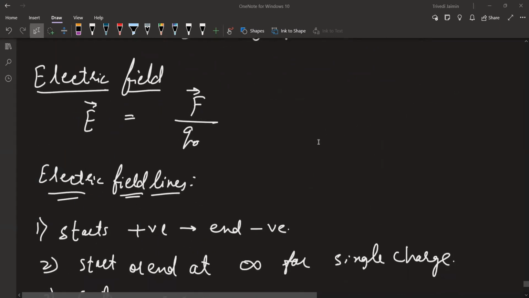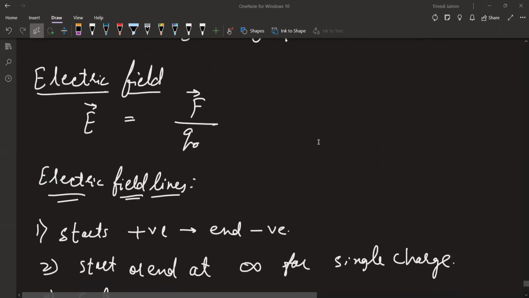Okay, then electric field. So what is electric field? As we discussed yesterday also, it is a region around an electric charge or electric things, anywhere. A region.